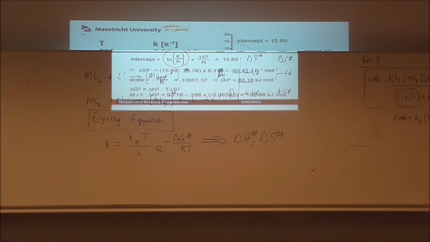And I suspect it might be following an associative substitution mechanism. So let's say I substitute the water with NH3, which is isotope labeled. The product is going to be [Co(NH3)5(NH3*)] with some sort of isotope label, plus H2O. That's a substitution. And I'm saying that substitution follows perhaps an associative mechanism.